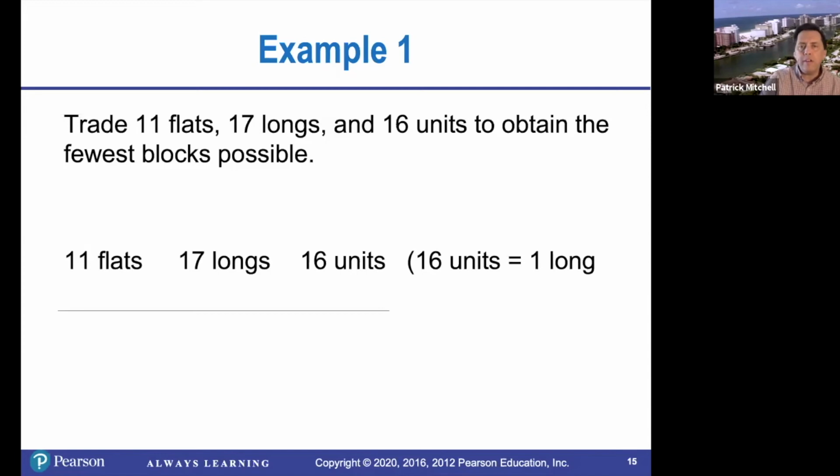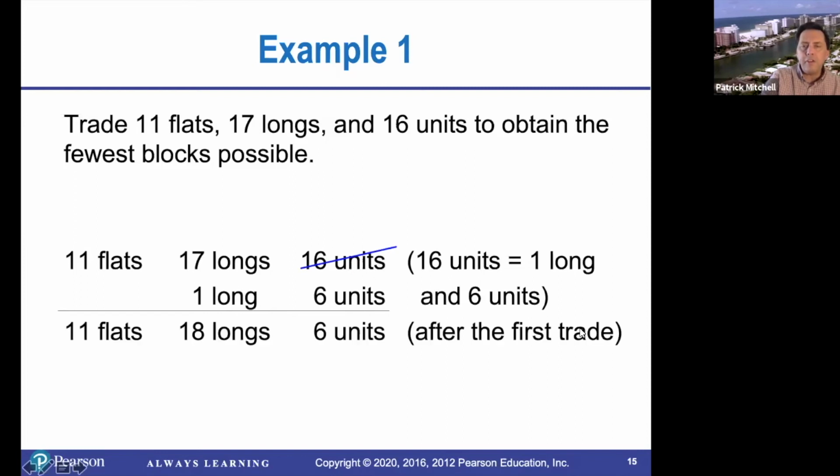And what I'm going to do first is take away 10 of these units and trade them for 1 long. So see here what happens is 16 units becomes 1 long and 6 units. All right, 16 units is equal to 1 long and 6 units. So after the first trade, we have 11 flats, 18 longs, and 6 units.